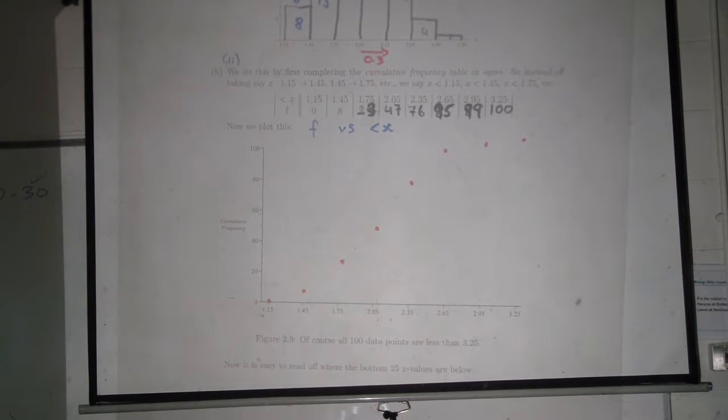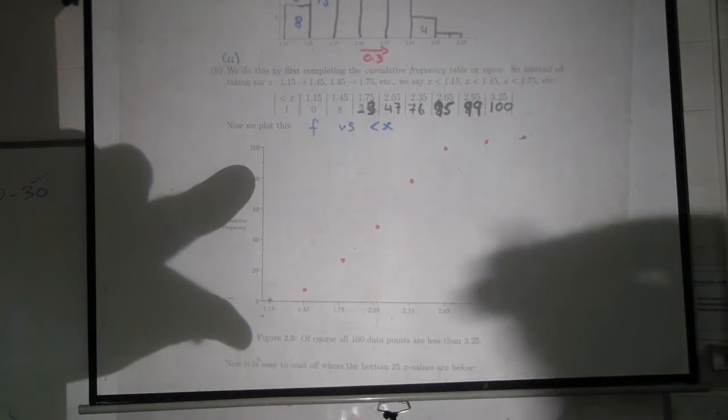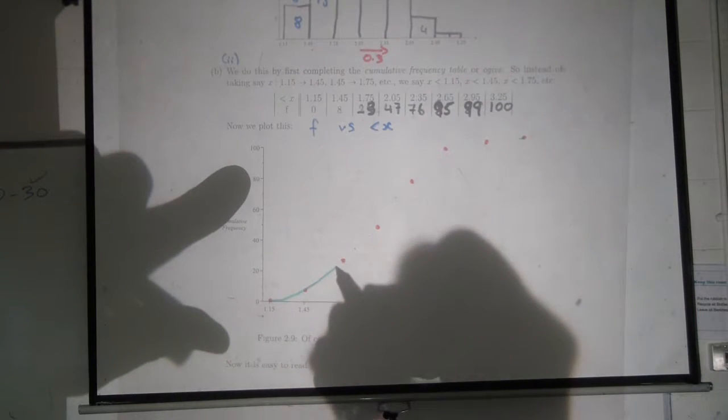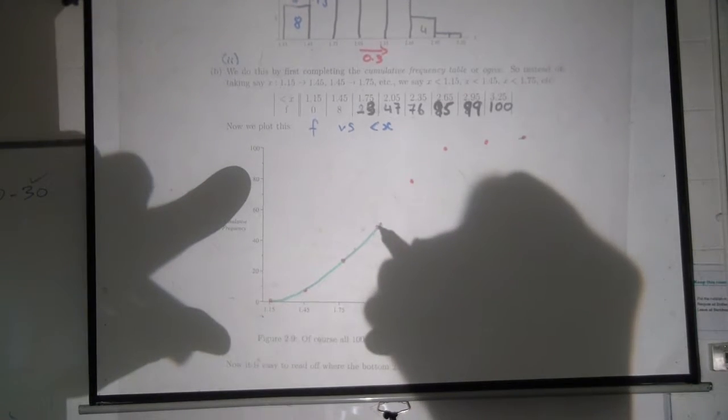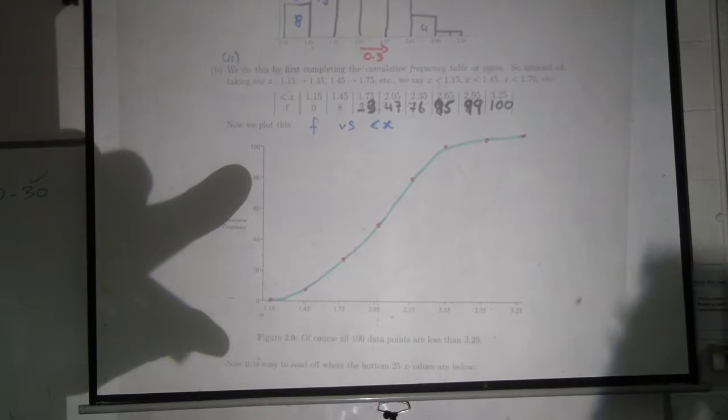And then you freehand it up. Now this should never dip, it's always going bigger and bigger.